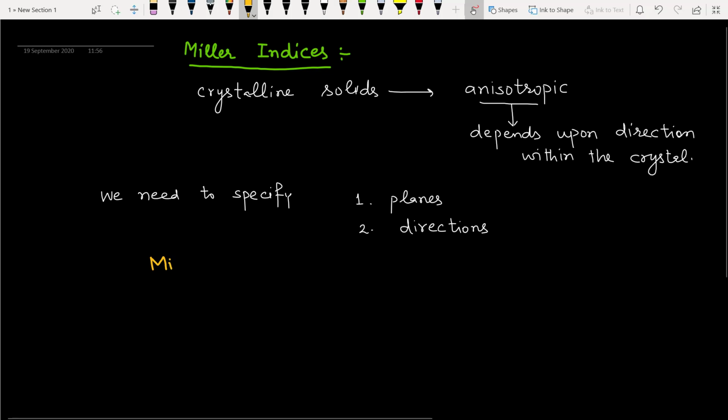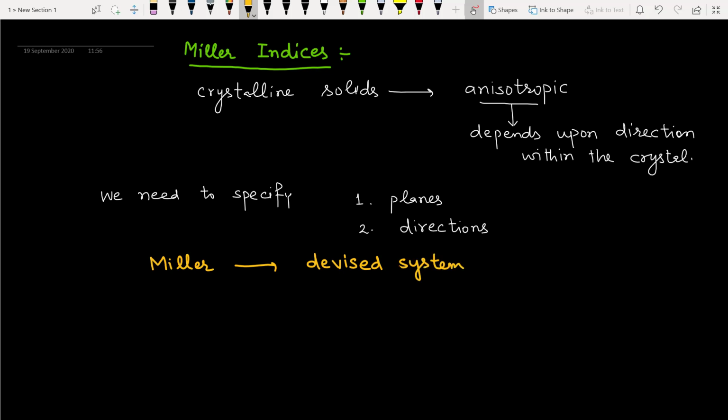So for this, Miller devised a very simple system, which is called Miller indices. Miller indices is a concept introduced by Miller to specify the various directions and planes present in a crystal.